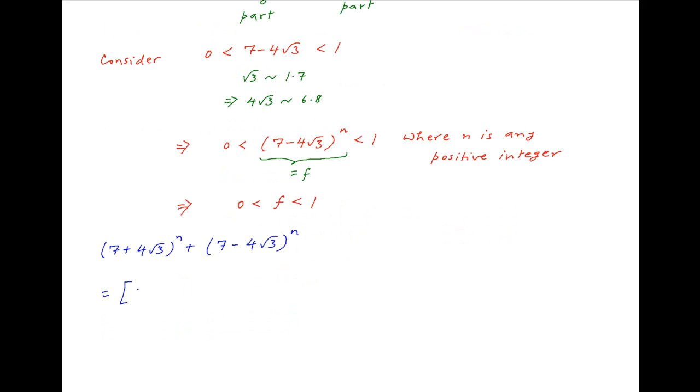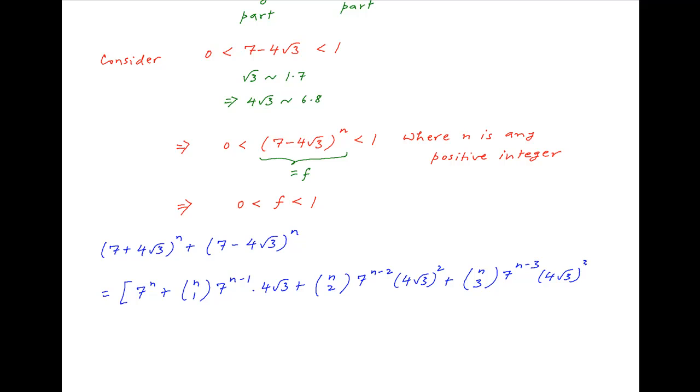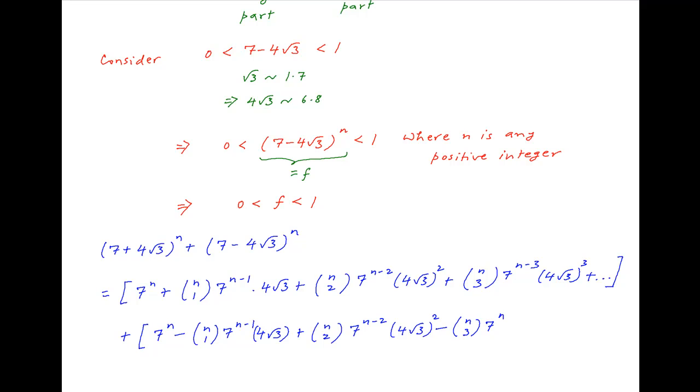Expanding both terms using the binomial theorem, we get 7^n + nC1 · 7^(n−1) · 4√3 + nC2 · 7^(n−2) · (4√3)² + nC3 · 7^(n−3) · (4√3)³ + and so on for the first term, and the second term is equal to 7^n − nC1 · 7^(n−1) · 4√3 + nC2 · 7^(n−2) · (4√3)² − nC3 · 7^(n−3) · (4√3)³ + and so on.